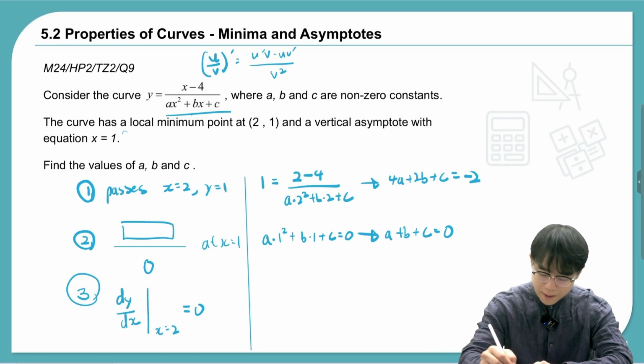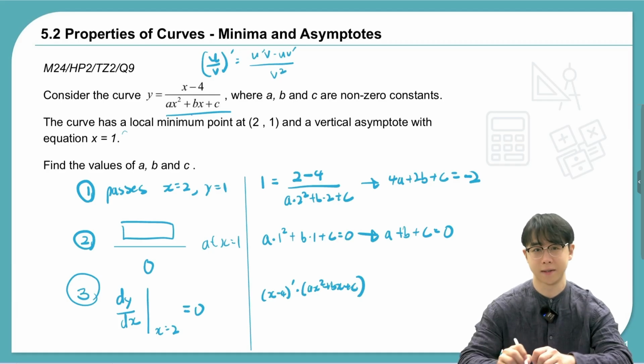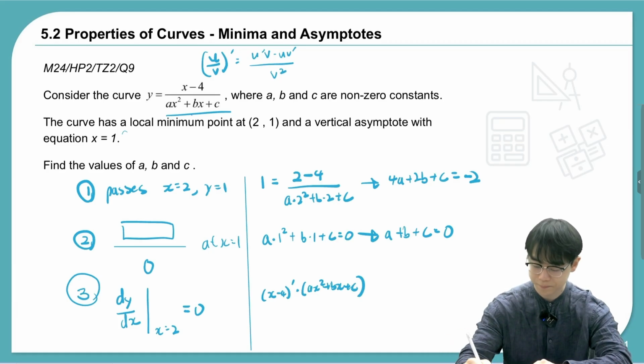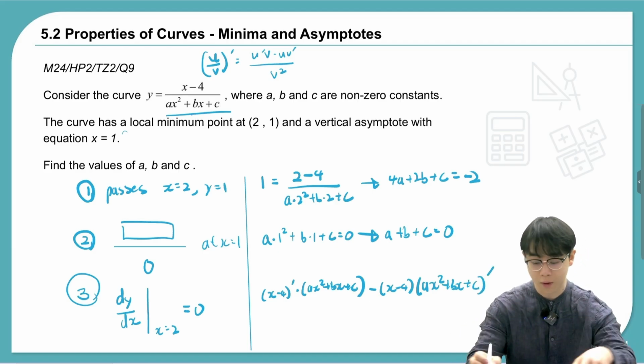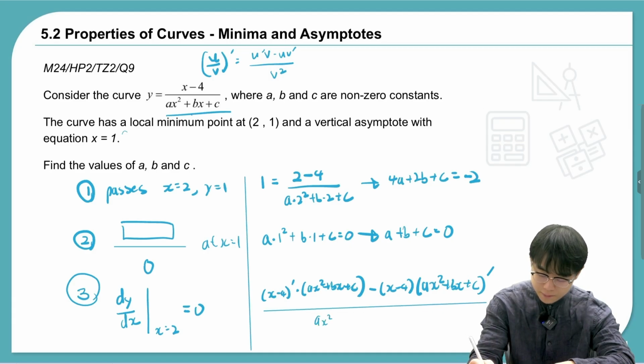So we should get (x minus 4) prime times (ax squared plus bx plus c) minus (x minus 4) times (ax squared plus bx plus c) prime, and we get this whole thing all over (ax squared plus bx plus c) squared, and that's going to equal 0.